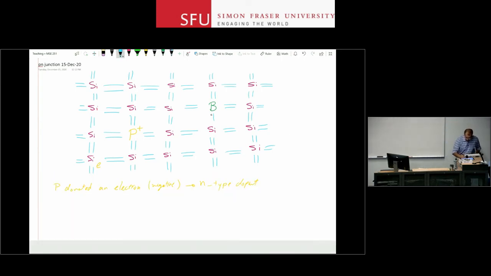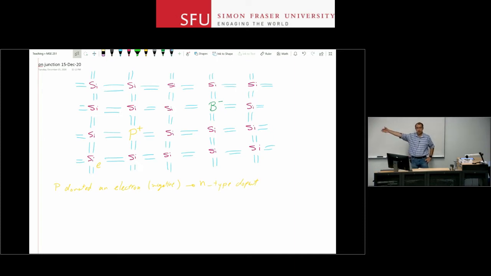Because of that, when you put it in here and you give it 4 electrons from the silicon atoms in its neighborhood, it had 3 of its own. It still has 7. It's not 8. It's not like a noble gas anymore. So it brings an extra electron towards itself so that it feels happy. And now it has 8 electrons in its outermost shell.